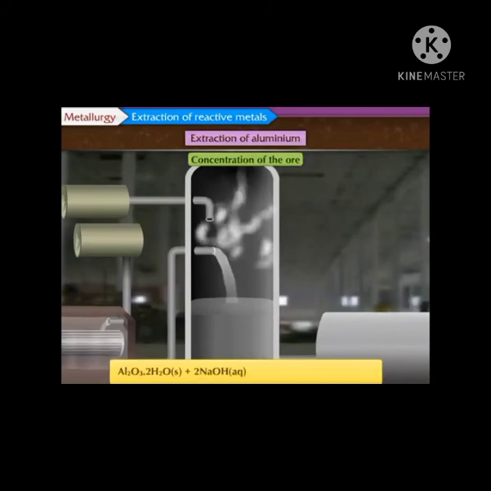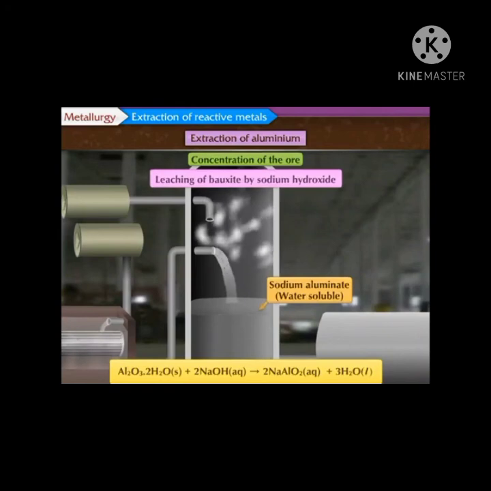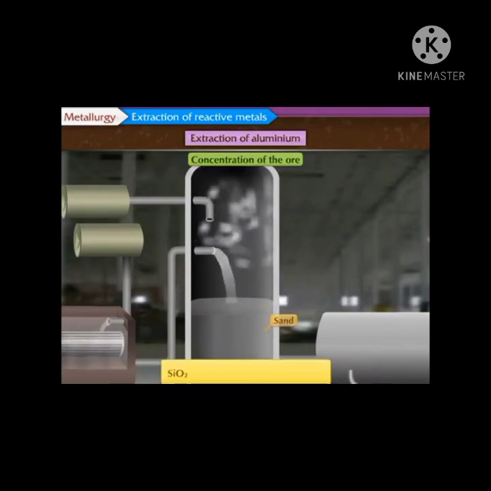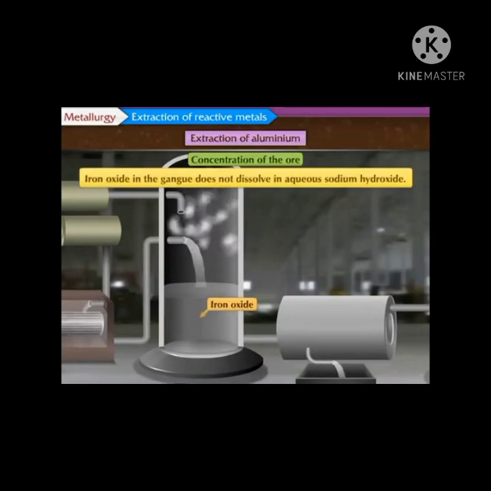This process is called leaching of bauxite by sodium hydroxide. Sand or silica present in the gangue also dissolves in the aqueous sodium hydroxide to form water soluble sodium silicate. Iron oxide in the gangue does not dissolve in aqueous sodium hydroxide. It is then separated by filtration.